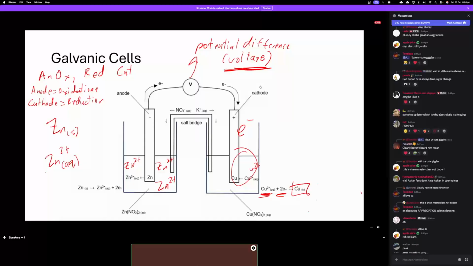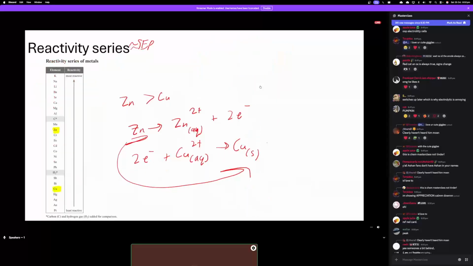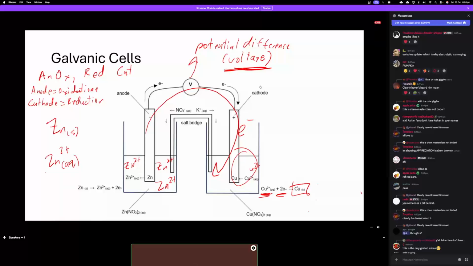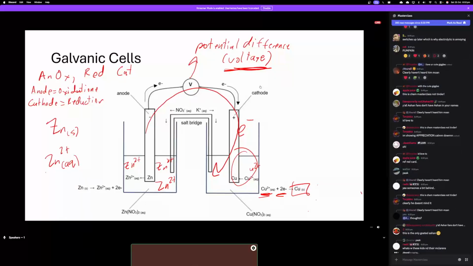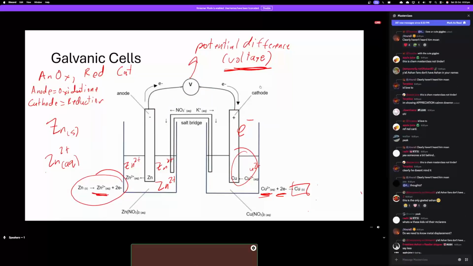That's how the electrons travel. Earlier, they just traveled straight one to one. Now it's through a whole process. But they still go from one to another, right? And when it does so, the zinc has to turn into zinc ions. And when the copper gets it, the copper turns into solid copper.